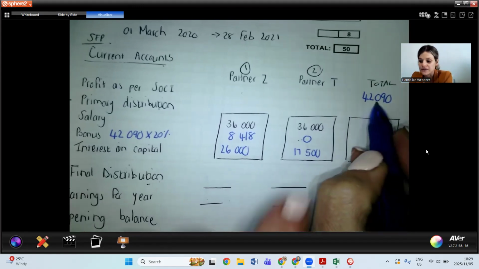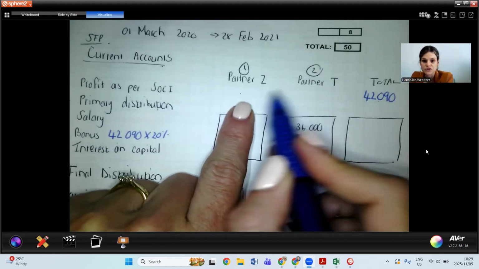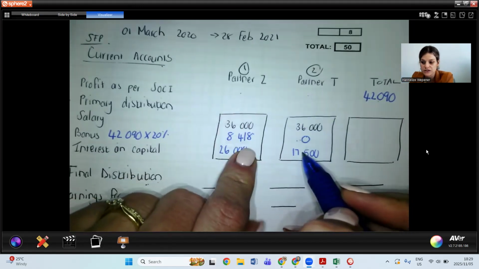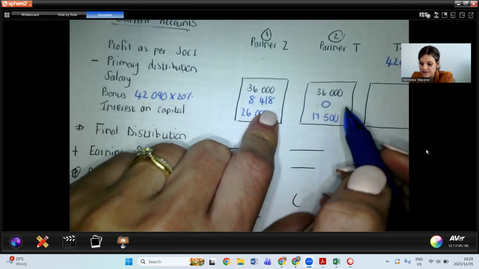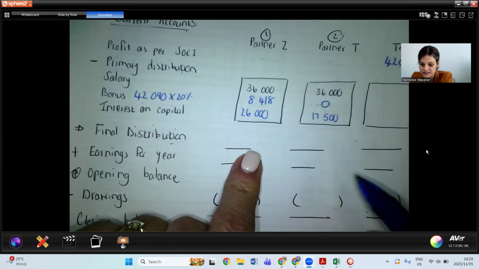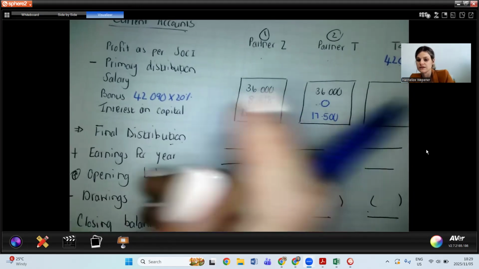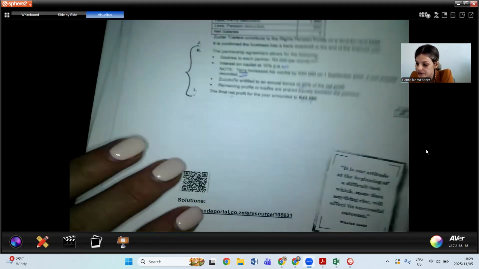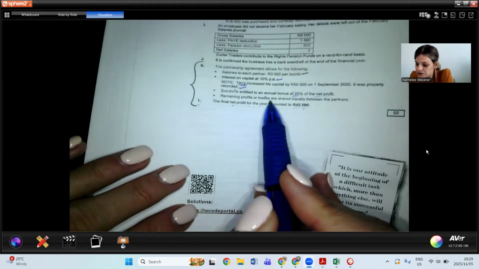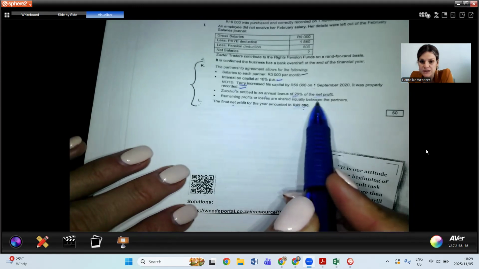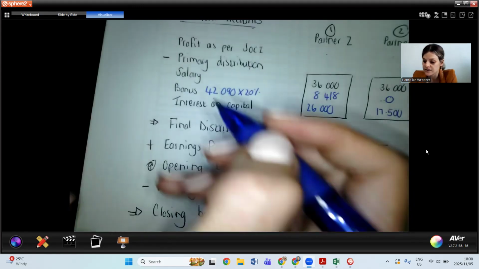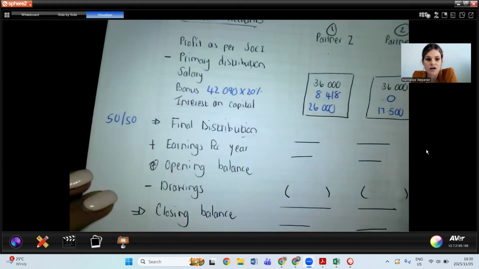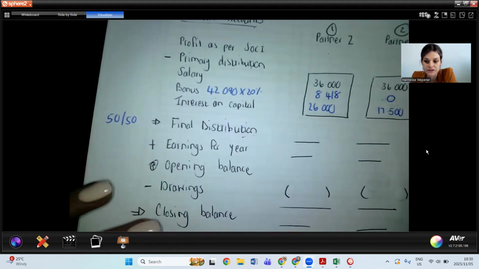And that is the amount that you must now distribute to these partners by first giving them their primary distribution, and then whatever is left, you will then give to them as a final distribution. How are we going to do that final distribution? The remaining profits or losses are shared equally between partners. So in other words, 50-50. So they get half of the profits.